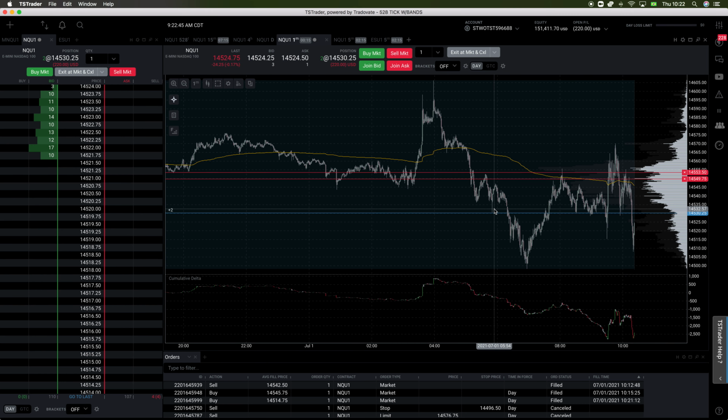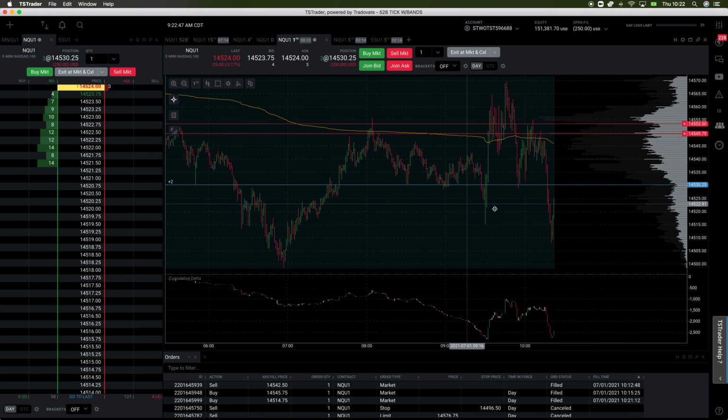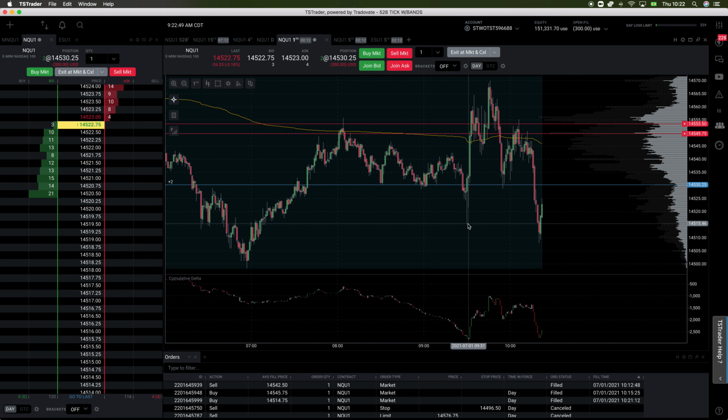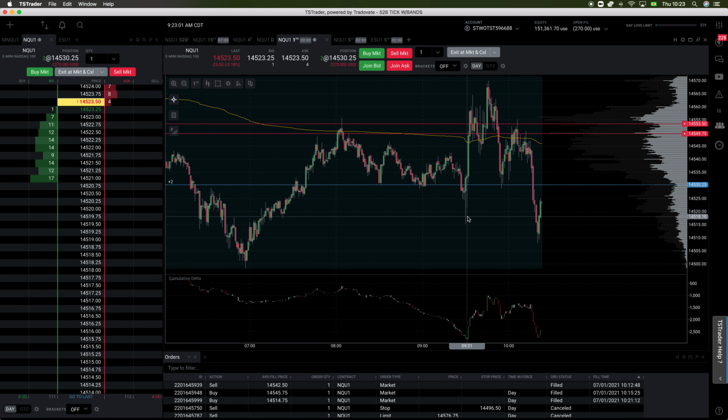If we look at the 1 minute here, actually this was a nice bounce because we swept these lows, but delta maintained. That's cool to see. That's a little comforting, to say the least.